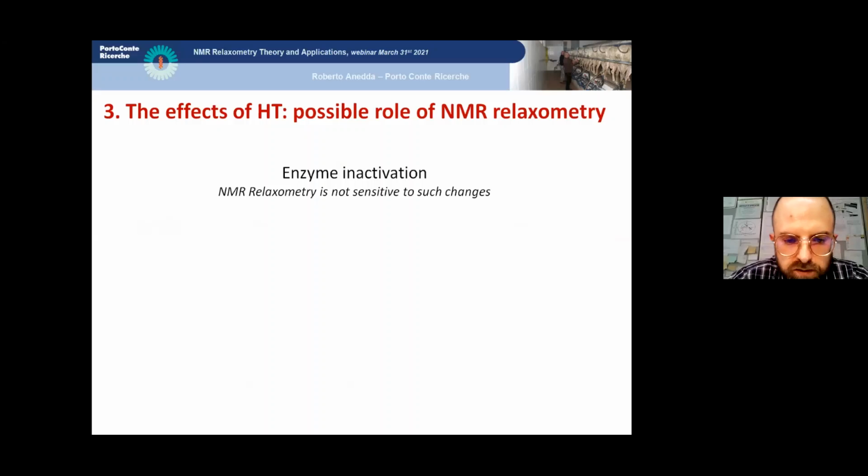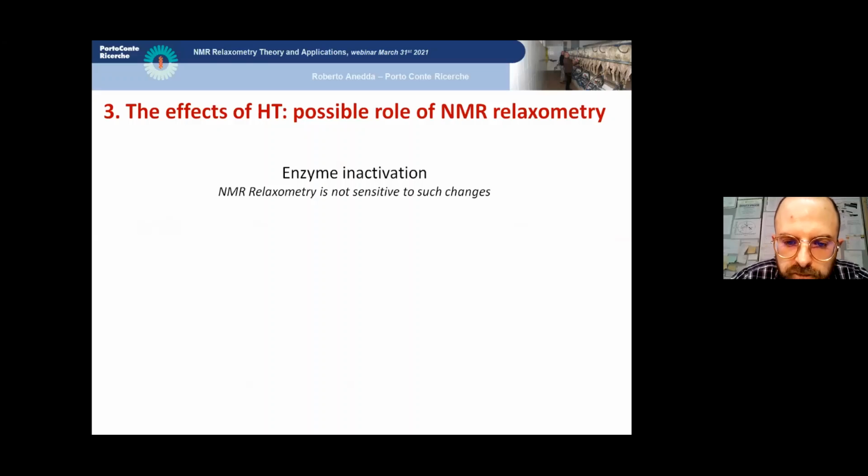Now, proteins in milk are probably the most affected by heat treatments. This is particularly true for whey proteins, mainly constituted by beta-lactoglobulin, as we said before. However, other minor components like enzymes are inactivated by thermal processes.